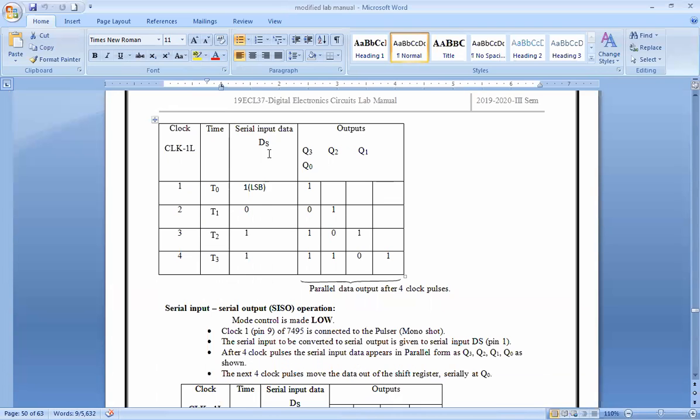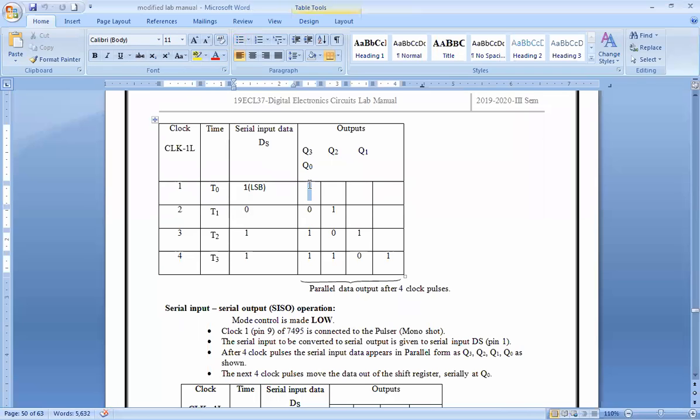So I will give my DS the input 1 at the initial clock cycle, T0. This 1 will come and sit in Q3. Then in the next clock cycle, I will give 0, so this 1 will be shifted towards the right.